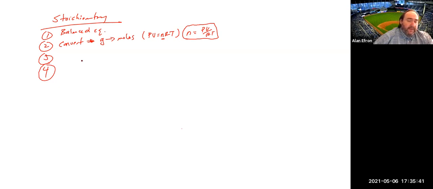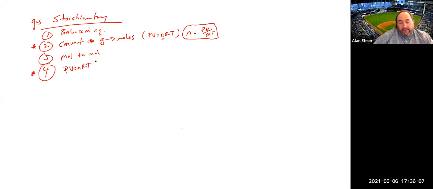The third part is really the stoichiometry part of it, the mole to mole relationship: the moles of whatever you were given and the moles of whatever you're trying to find. And in a gas stoichiometry problem, more common than using the ideal gas law up front would be using it in this step here, PV equals nRT.